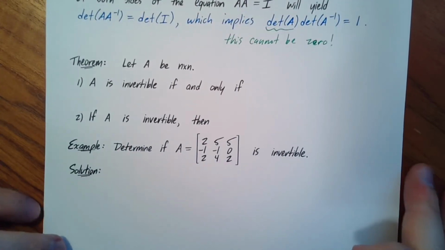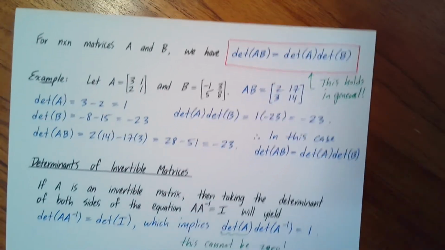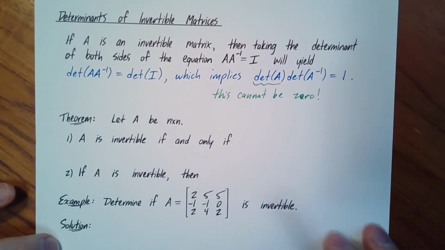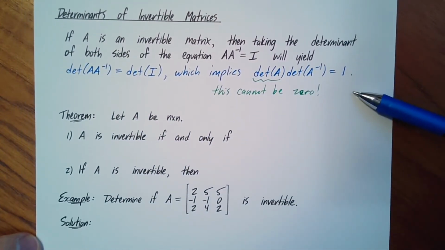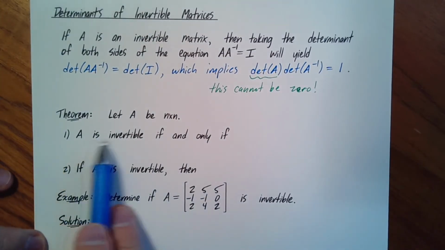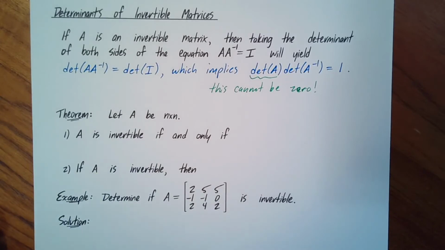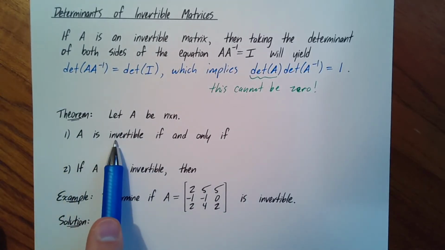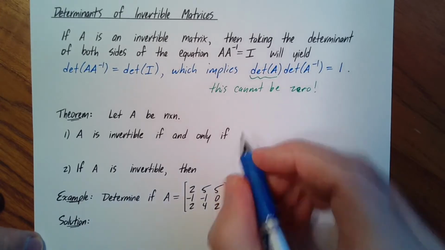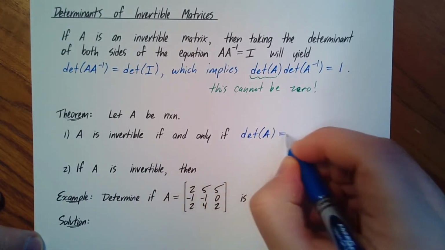And as with the rule up here, I'm not going to prove this to you completely, but the observation we did at the beginning is at least a partial justification. So let's finish this statement. If you have any n by n matrix A, you can say the following. A is invertible if and only if its determinant is not 0.